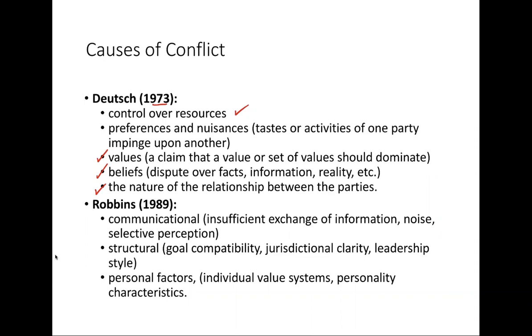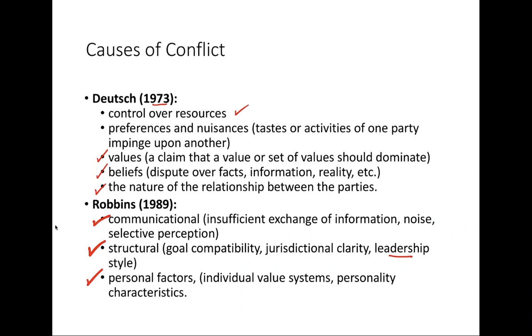Robbins in 1989 listed some other causes of conflicts, including communicational causes. Assume we don't have enough information, or there is noise in the data. It might be structural, like the leadership style might have caused such conflicts, as an example, or it might be related to personal factors like personality characteristics that are causing those conflicts.